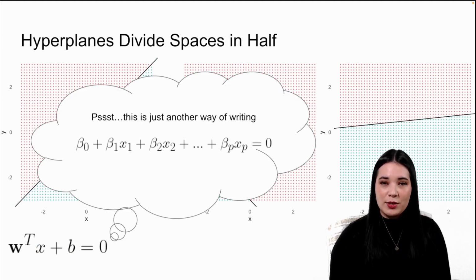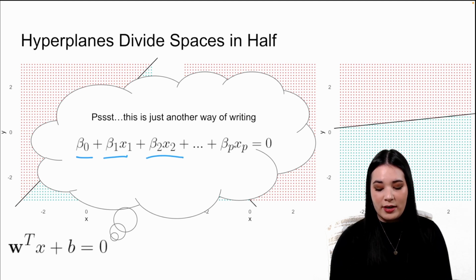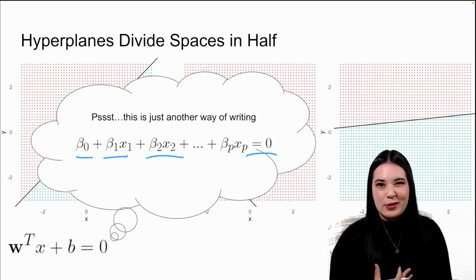By the way, this notation is just another way of writing this. So this W transpose x plus b is basically the same thing as writing an intercept plus a weight times an input plus another weight times an input, etc., and then setting that value equal to 0. This notation is just a little easier, especially if we work with a lot of different input variables and weights.